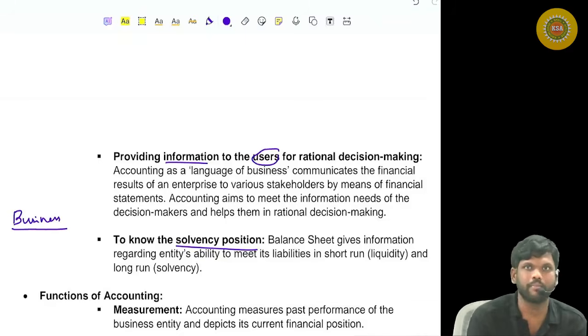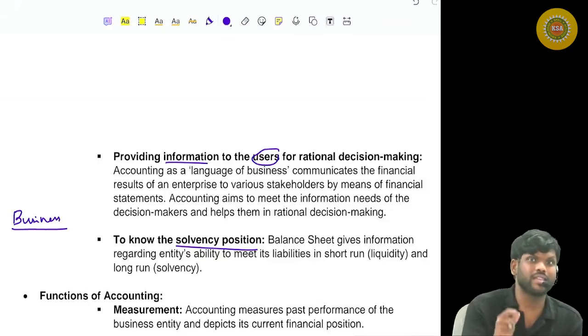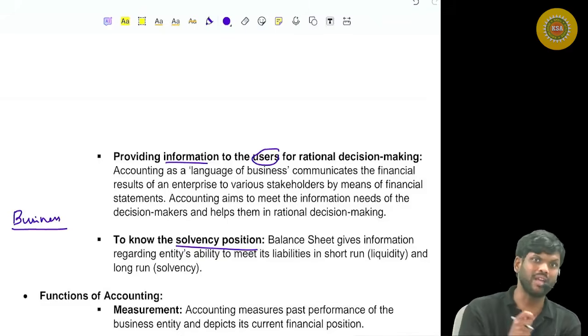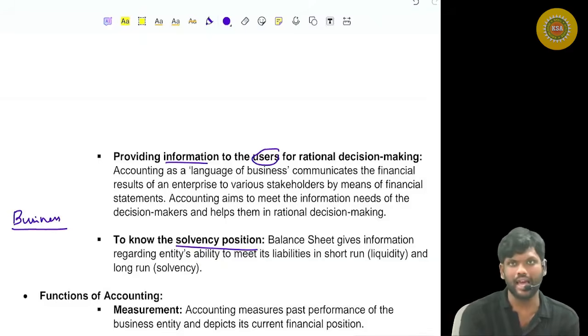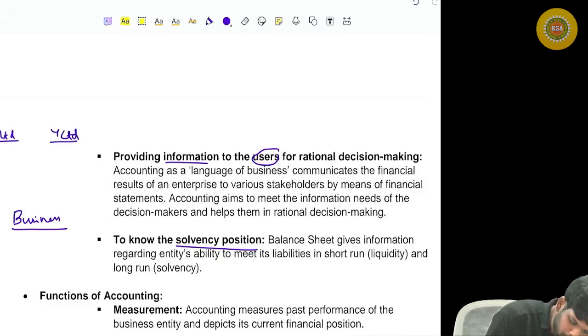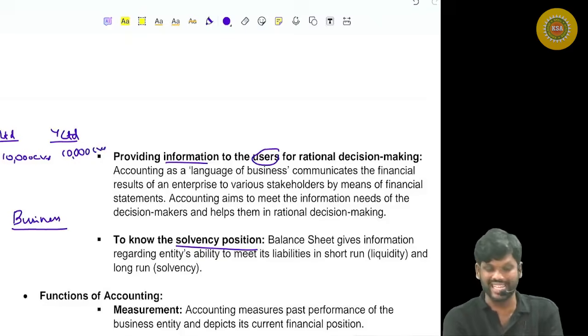Solvency position means analyzing whether a business has sufficient assets to repay its external liabilities. For example, assume there are two businesses, X Limited and Y Limited. Both of them have assets of, assume, 10,000 crores.